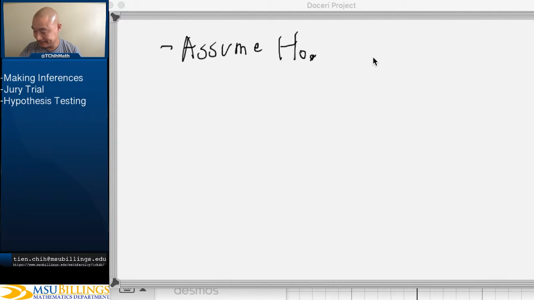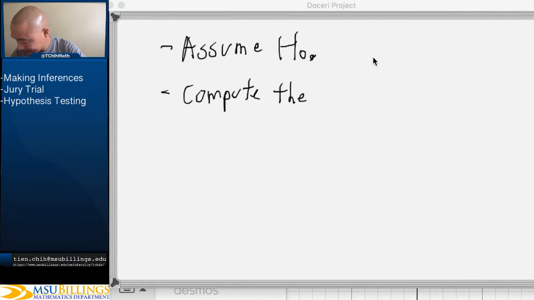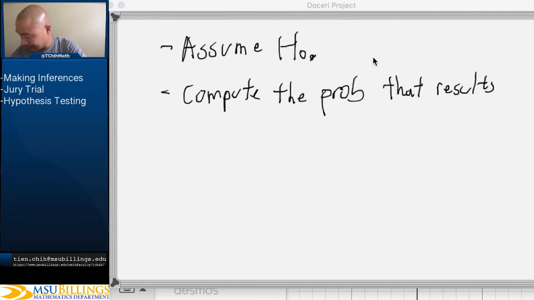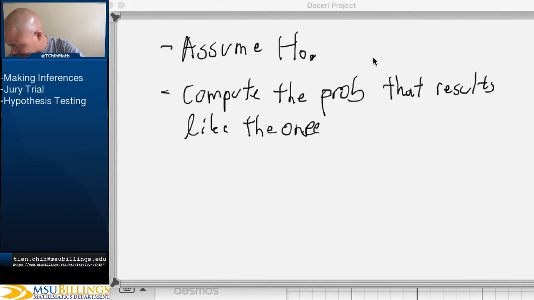And then our next step is to compute the probability that results like the one seen occur.